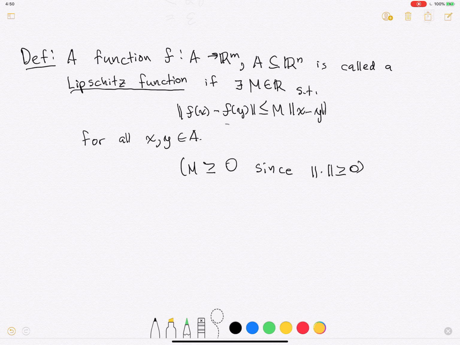So for this to ever make sense, m itself has to be non-negative.